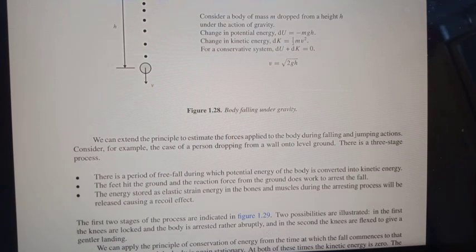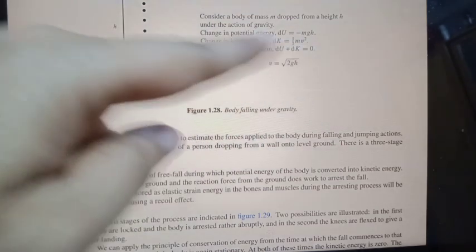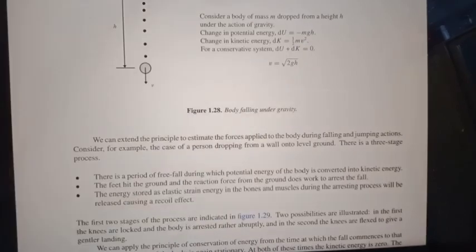Here, consider a body of mass m dropped from a height h under the action of gravity. There is a change in potential energy, delta U, and a change in kinetic energy, delta K. For a conservative system, delta U plus delta K equals zero.